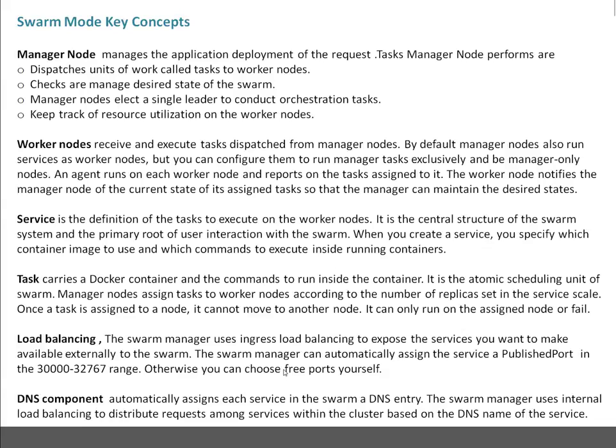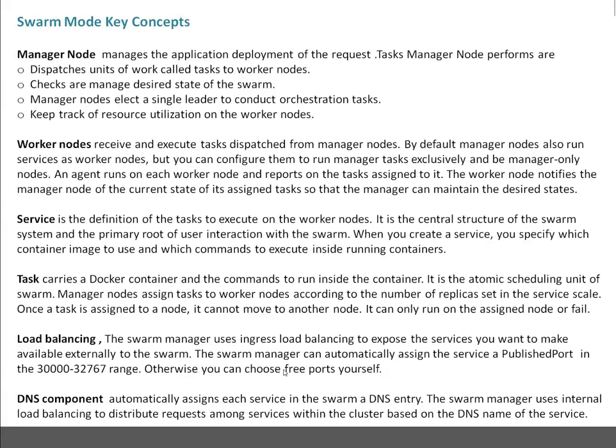It is the central structure of the Swarm system and the primary root of user interaction with the Swarm. When you create a service, you specify which container image to use, which command to be executed inside the running container, which ports will be exposed, and what the port forwarding is going to be. These are the configurations which are saved inside the service.